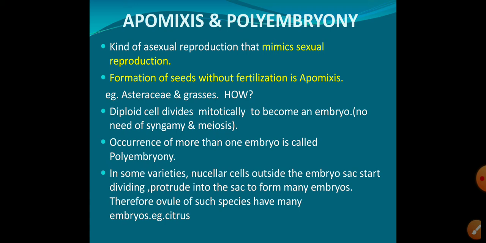It is not from haploid cells, it is a diploid cell which is going to divide mitotically to become an embryo. Which means there is no need of syngamy, that is double fertilization and all that, and no meiosis takes place. That's the difference between apomixis and the normal development.